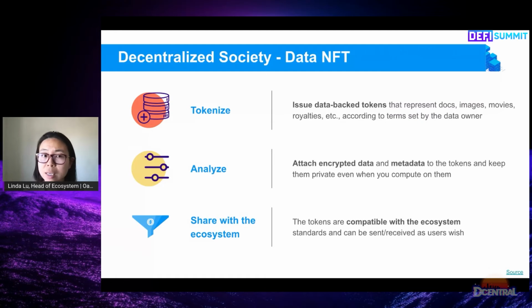But in that NFT, what is underneath, besides encrypted data, is also your data policy: how you want your data to be shared and computed, and by whom. And this could be very interesting. Think about it as a data owner. I might have some healthcare, personal medical data that I think could be part of some cohort, and because of who I am and where I'm coming from, that could be very useful for drug discovery for certain types of drugs.